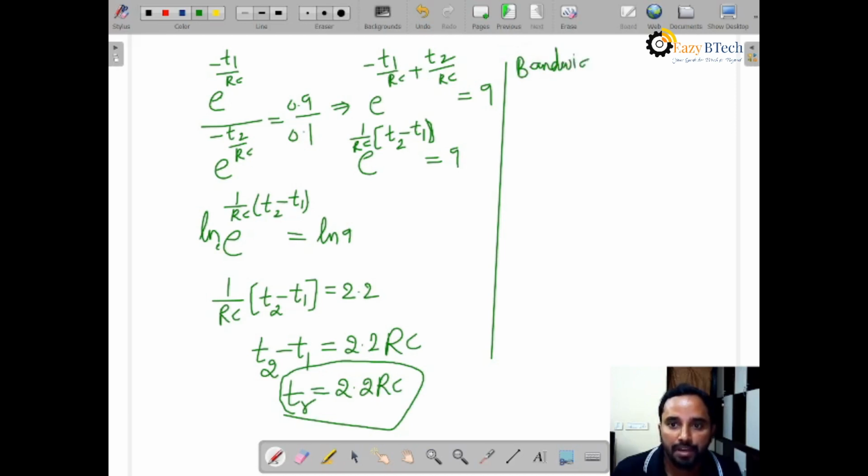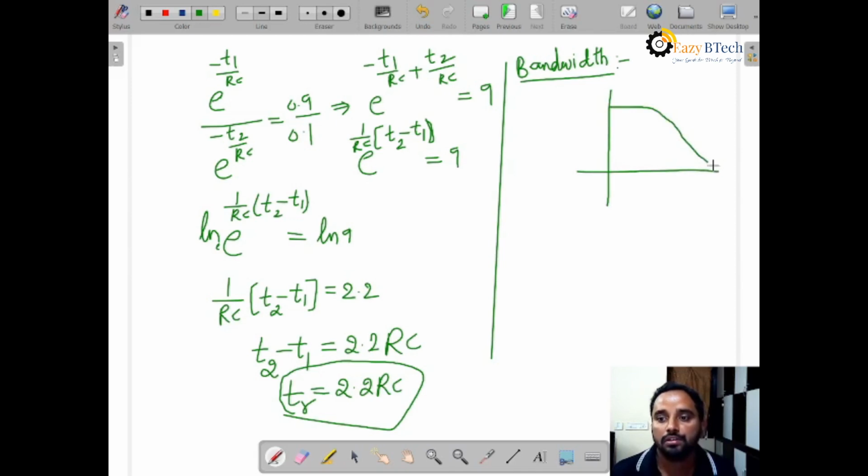This will be obtained from the magnitude response or frequency response. Already we know for the taken system, this is the magnitude response. X-axis is omega and y-axis is magnitude of H of omega. It starts from 1.